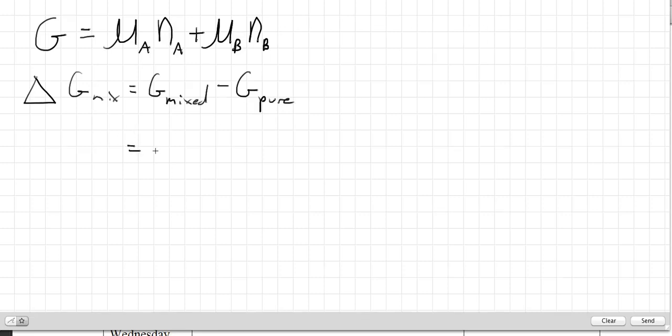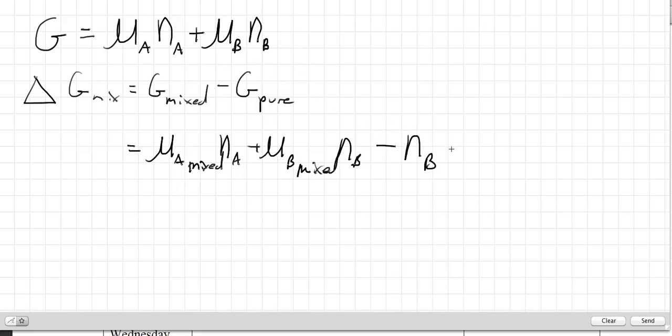we can rewrite this as the chemical potential of A mixed plus the chemical potential of B mixed, because that's the final state, minus the pure. So that would be n_B times the chemical potential of B pure, and then n_A times the chemical potential of A pure.